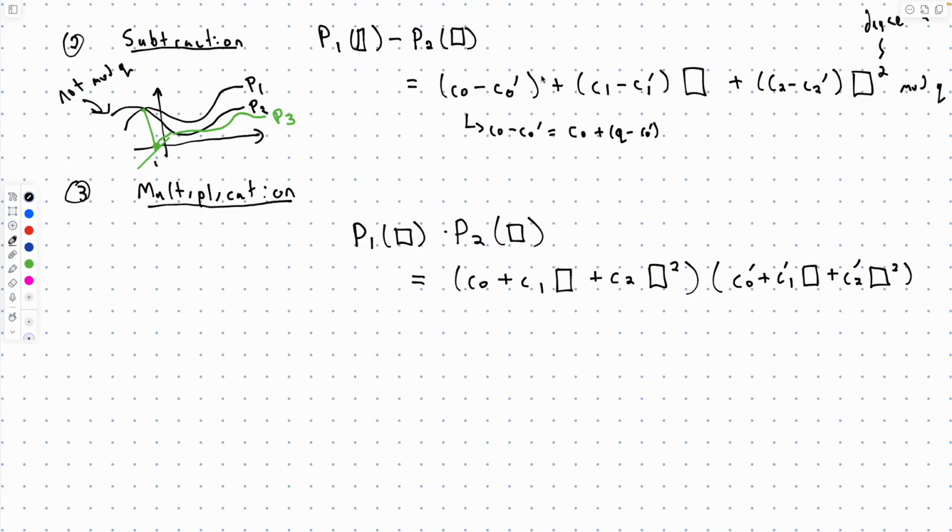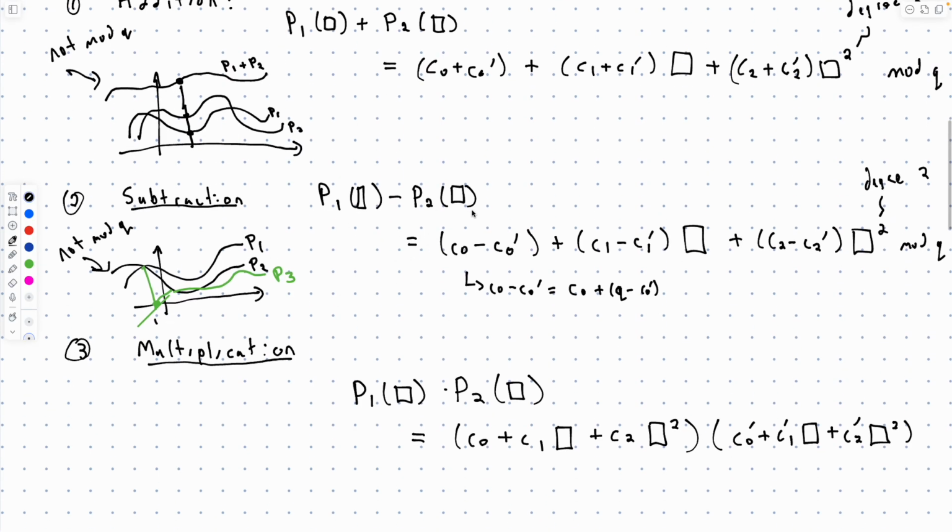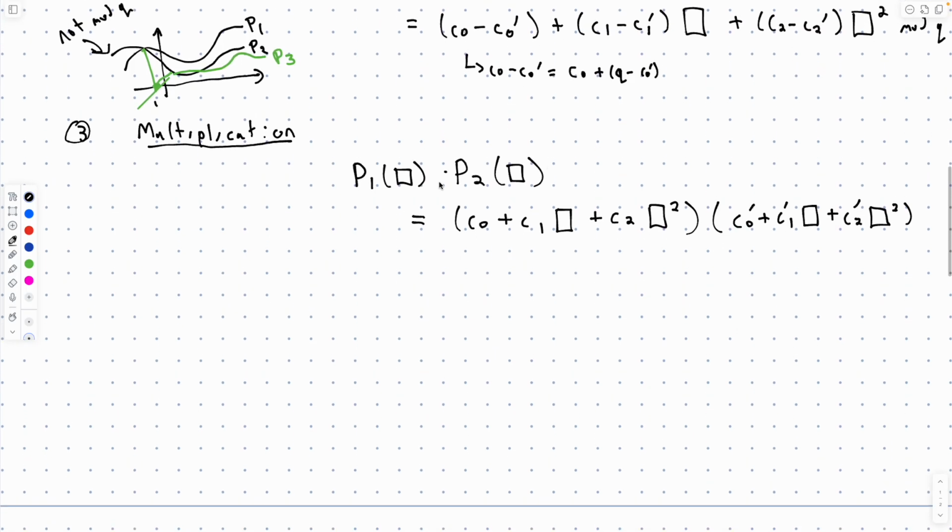Will multiplication work the same, where just the coefficients multiply together? What do you think? So here, when I added two polynomials, their coefficients just added. Here I subtracted them, their coefficients just subtracted. If I multiply two polynomials, will their coefficients just multiply?